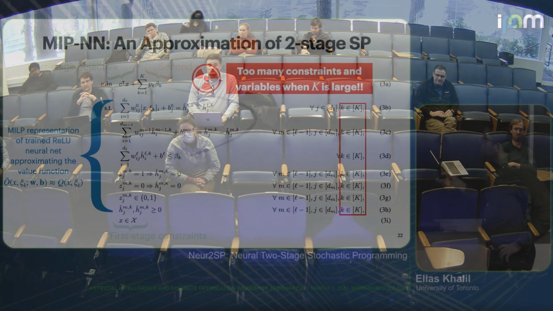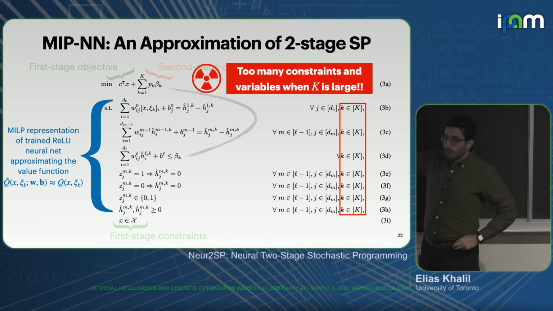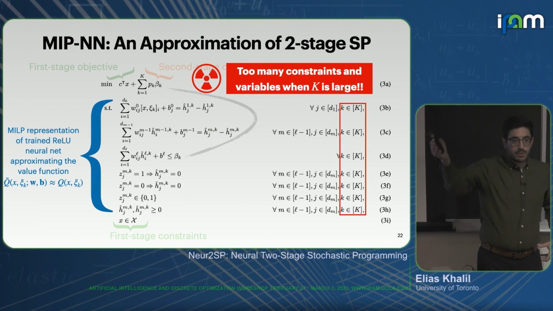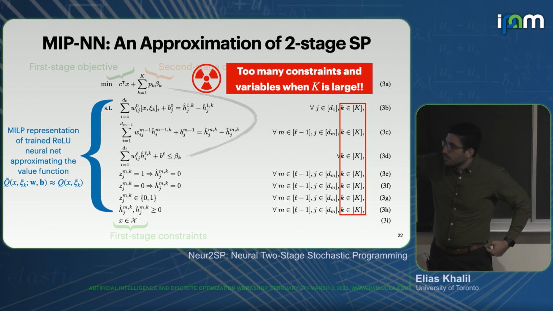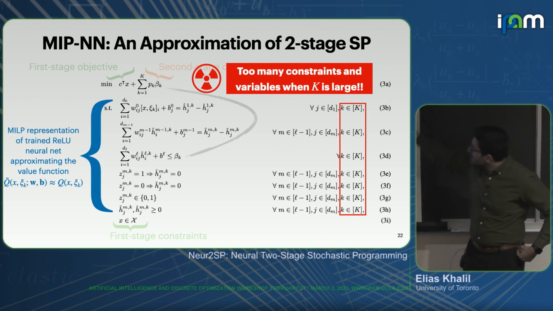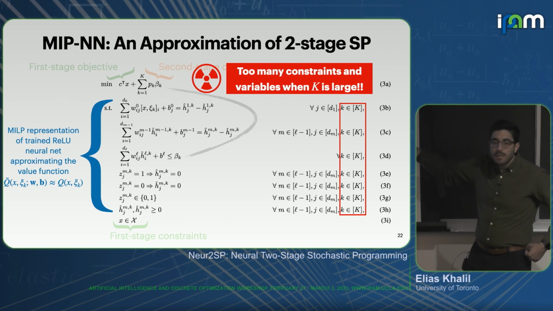If you have a very large number of scenarios k that you're using to approximate this expectation, you need to embed this neural net k times to get k predictions, one per scenario, right? If you see this index set in the constraints, each of these constraints appears k times.